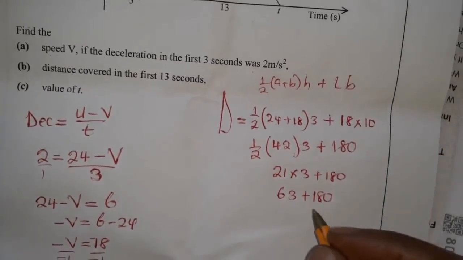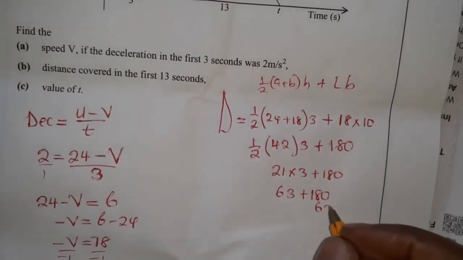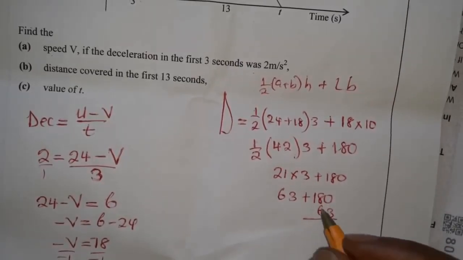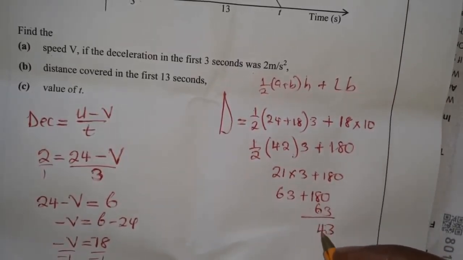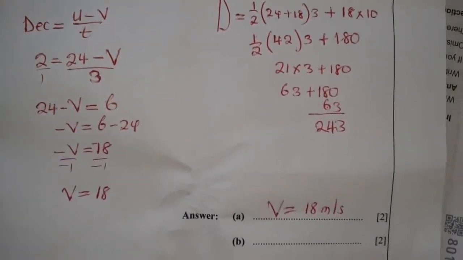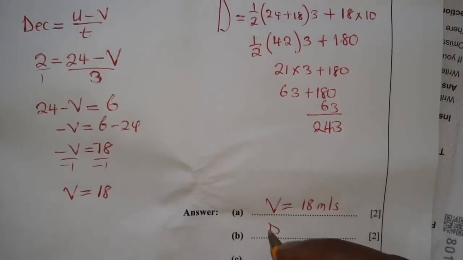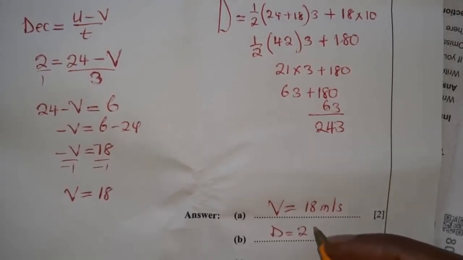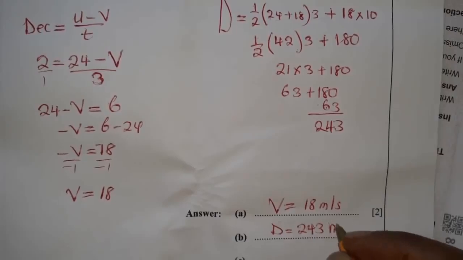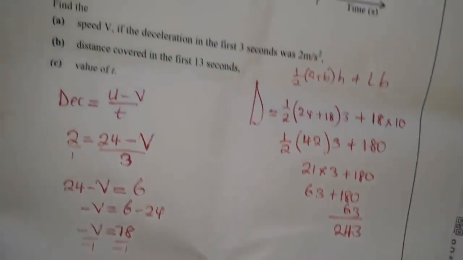When we add this here, what do you get? Okay, this gives us what? 243. So take note, distance there is going to be 243 m, if we have not made any mistake.